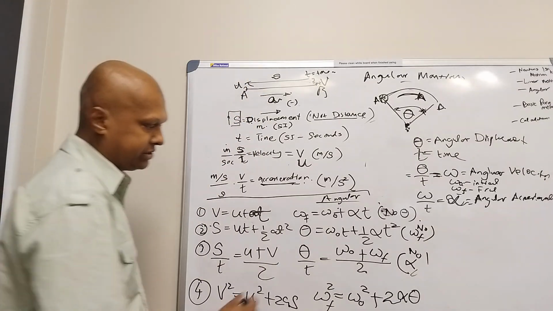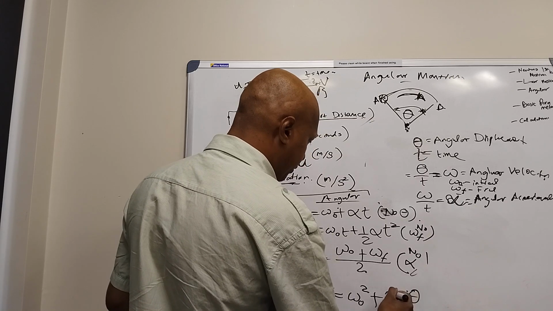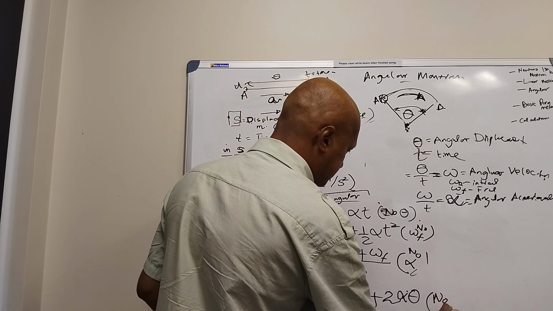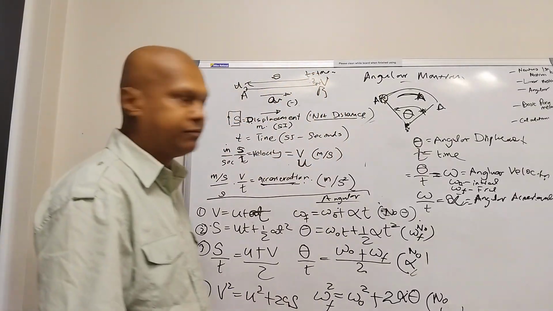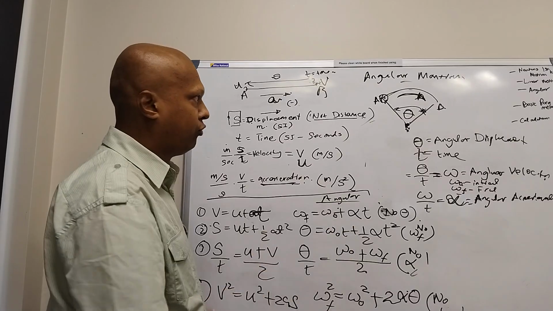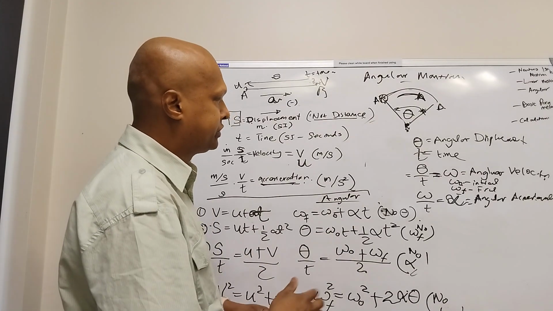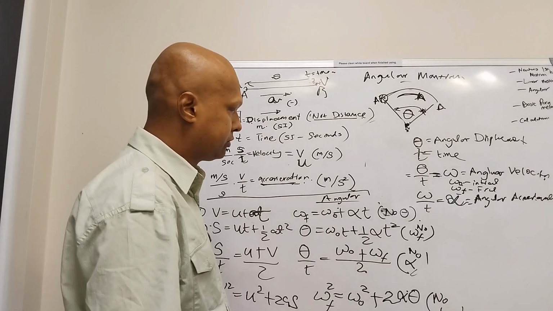In that equation, we don't know the time. So those are the four formulas we use for angular and linear motions. I hope you have learned something out of it.